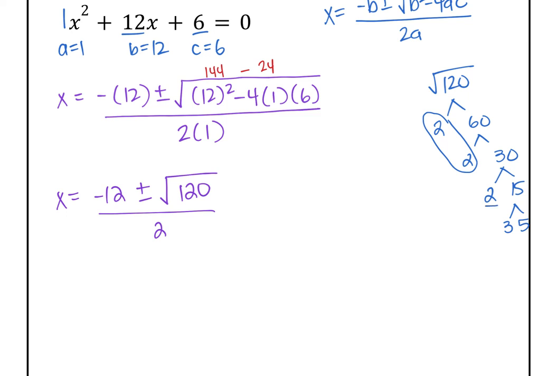The rest of these are all singletons, they're all by themselves, so that's going to have to stay inside. So now I have x is equal to negative 12 plus or minus 2 on the outside, radical, multiply all these together, so 30, over 2. I promise we're almost done simplifying.